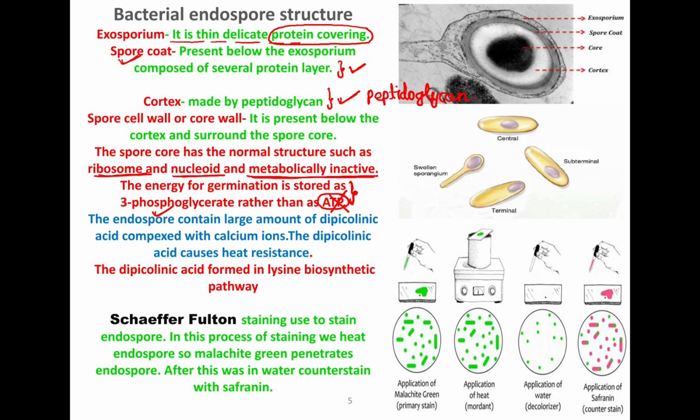Energy is required for germination of the spore, and it is stored in the form of 3-phosphoglycerate. This endospore contains a large amount of dipicolinic acid, complexed with calcium ions, which makes the endospore highly resistant to heat.